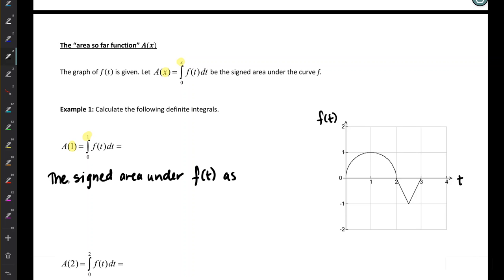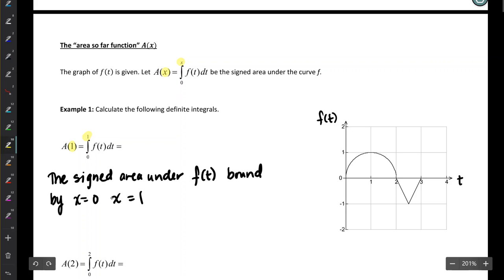We can say as x goes from 0 to 1, but how about I say bound by the vertical lines x is 0 and x is 1. That's where it's telling us to stop integrating. So from 0 to 1, we're looking at finding the area of that quarter circle.